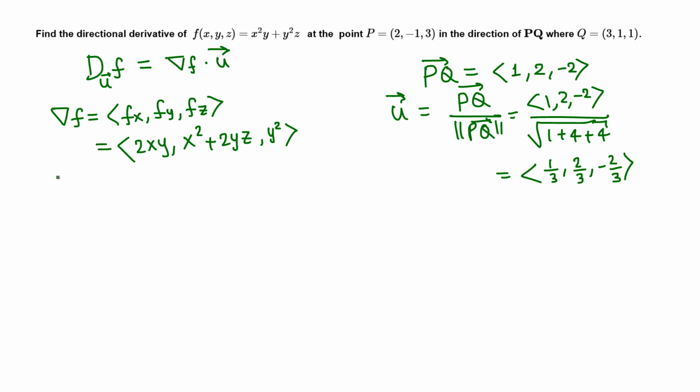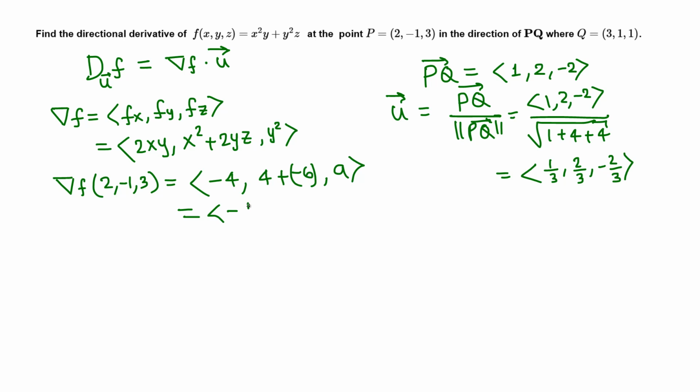Okay, let's do that. So del f at 2, negative 1, 3 is equal to 2, x is 2, y is negative 1, so 2 times 2, 4 times negative 1, negative 4, x squared, that's 2 squared, 4, plus 2 times yz, 2 times negative 1, negative 2 times 3, negative 6, comma y squared, 3 squared, 9.